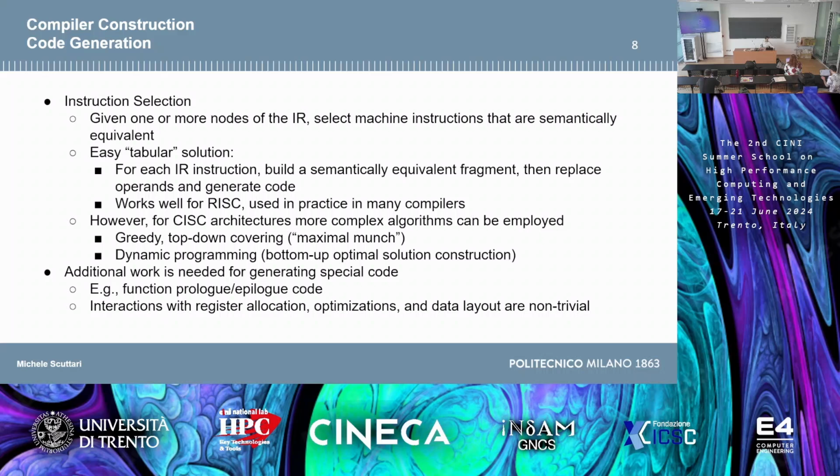Okay, so there are also other algorithms that are used to generate instructions out of multiple IR instructions, so they try to cover a group of IR instructions with a single instruction of the target assembly. In this case, the problem is once more complex. There are several algorithms that can be used, in particular the maximal munch algorithm.